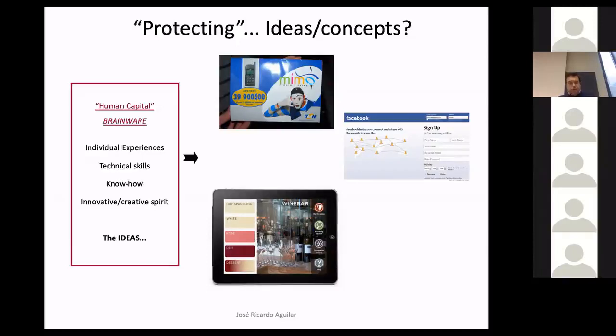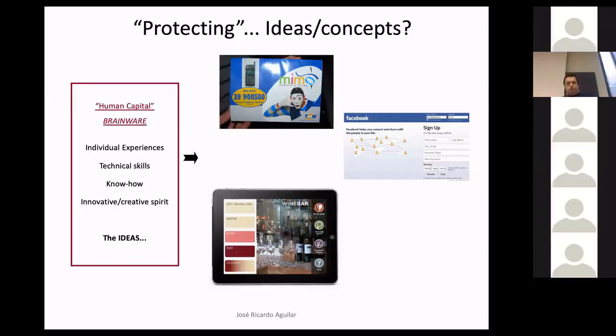The second example is a social network, and we have here Facebook, the most famous one. And then on the bottom, we have a third example, which is an app that runs on a tablet to show you the wine list in a restaurant.